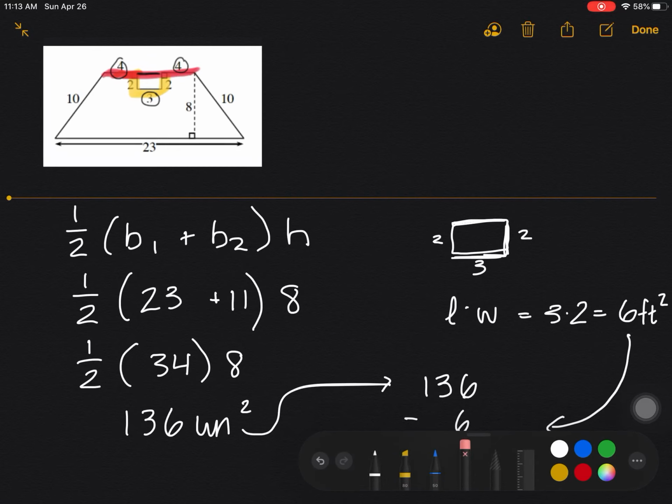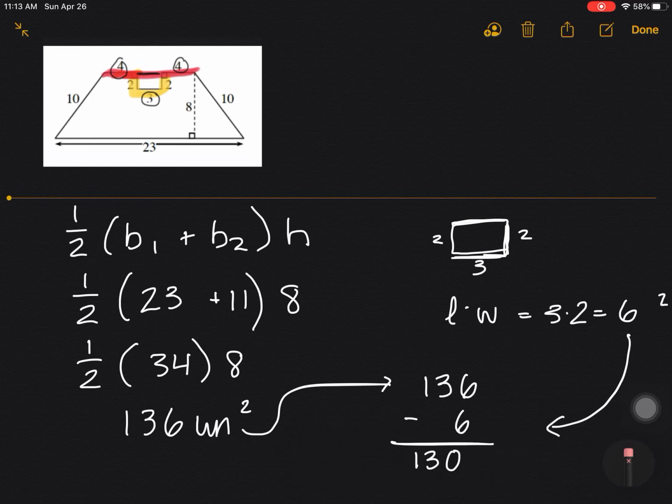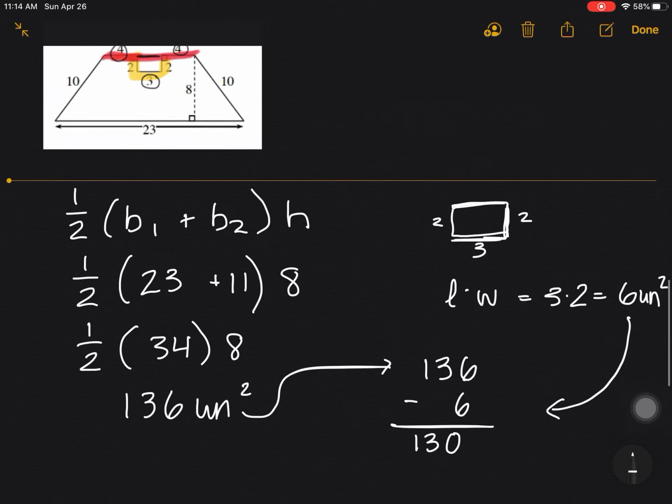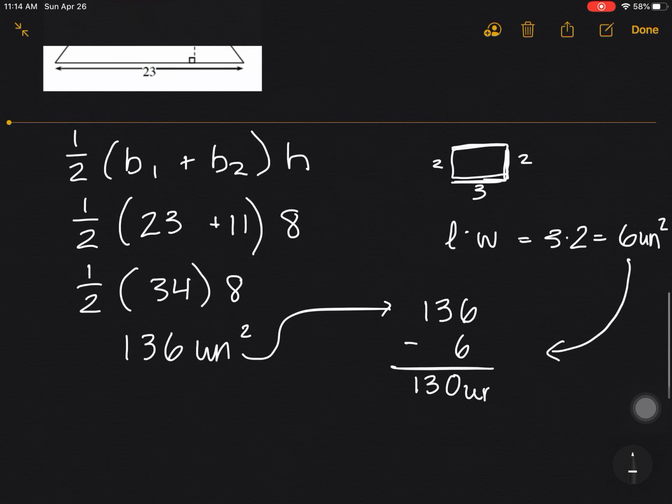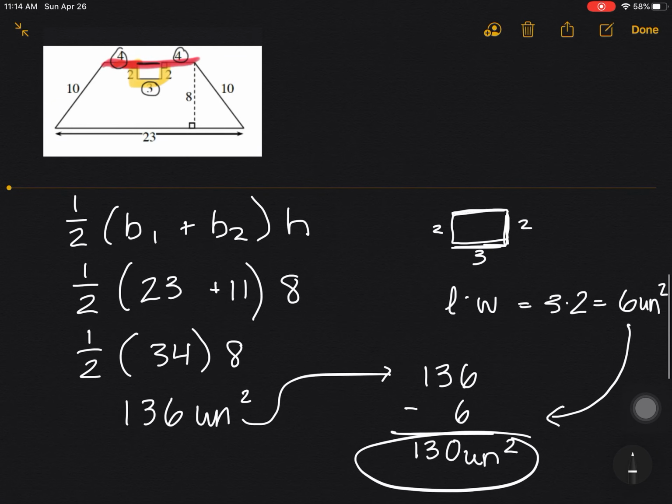Now remember, I put feet here. I made that up. Remember that we don't know our units. So now we are left with 130 units squared, and that is the answer to our problem here. We found that whole trapezoid area, and we took out that little rectangle that was missing. We found that our area of the shape we were given is 130 units squared.